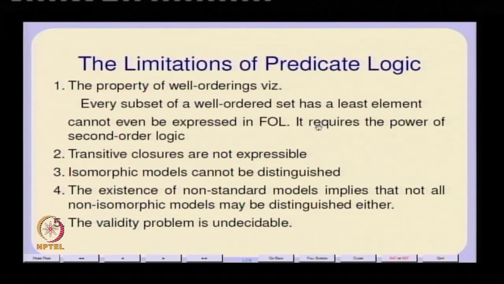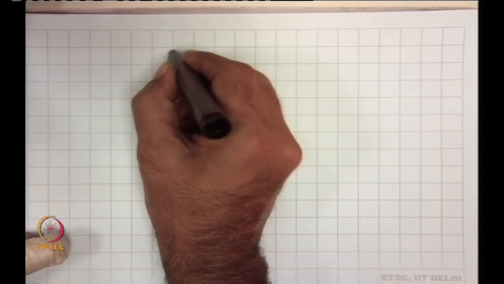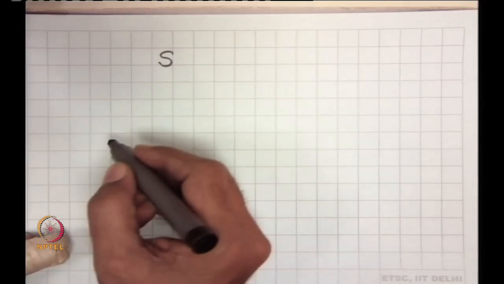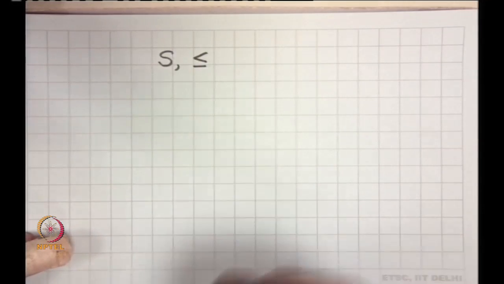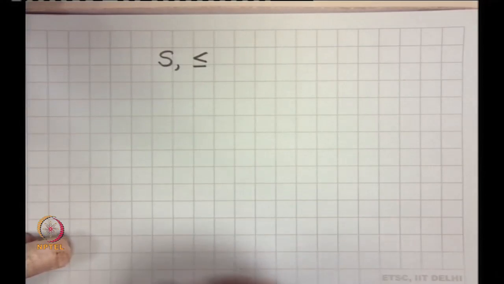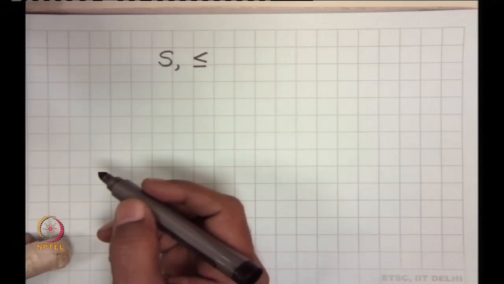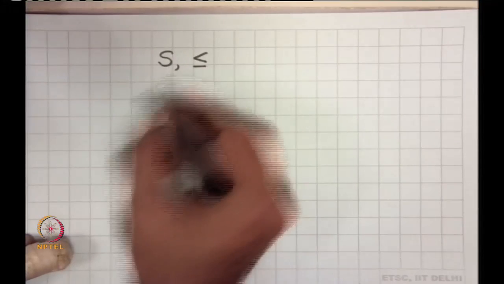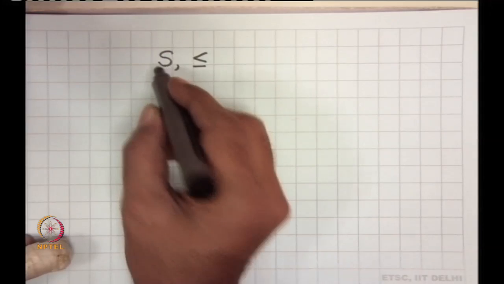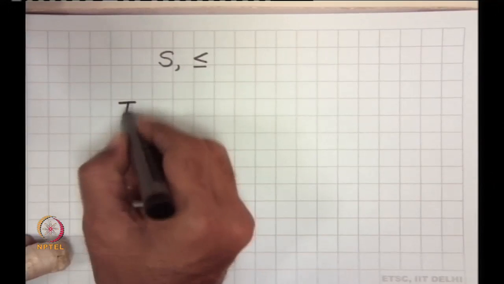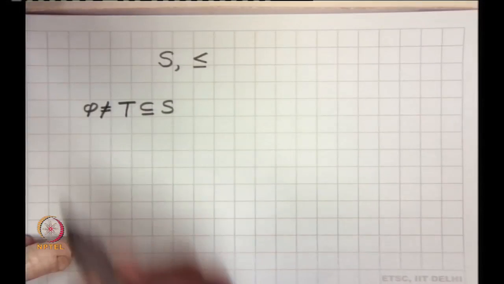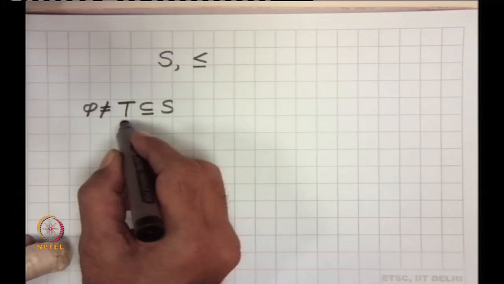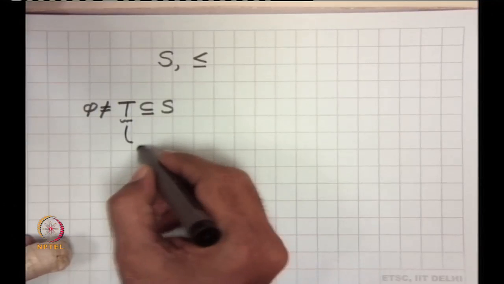Because we are essentially saying that, given a set S, the well ordering principle along with the first order predicate less than or equal to essentially says that it is not just about individuals of S, but subsets of S. So if I have any non-empty subset of S, then this non-empty subset of S has a least element.